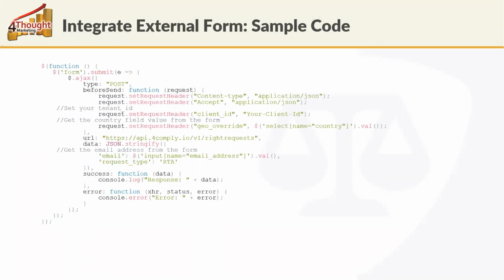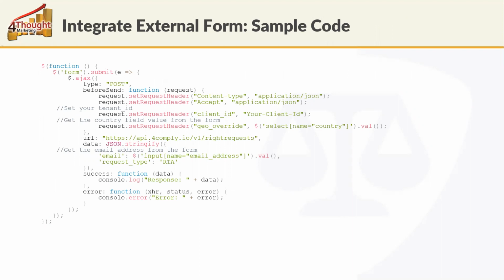Okay, so this is an example of submitting a post from an external form. It's, again, pretty straightforward. Basically, we're sending a post request to the 4Comply right request endpoint, sending, in this case, the email and the request type.